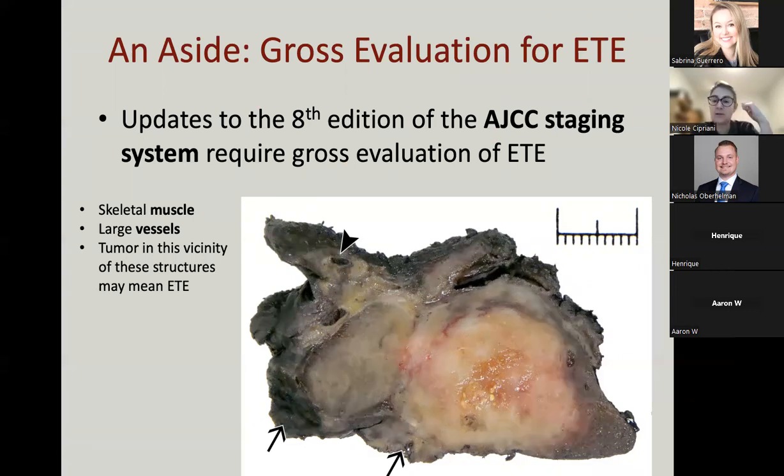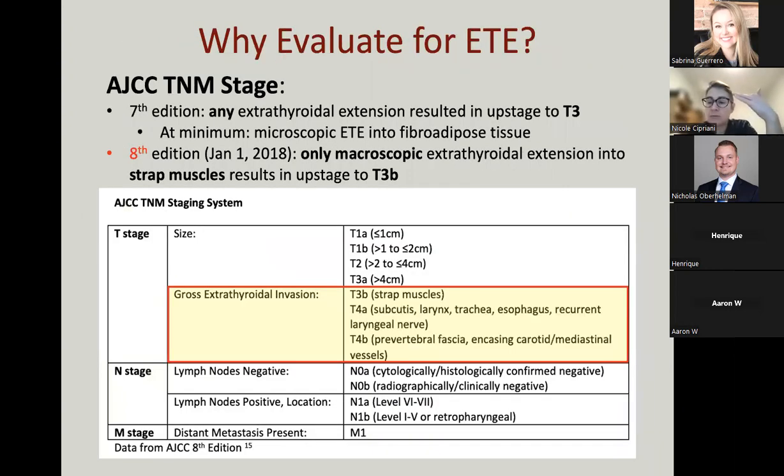It has to be present grossly, and it has to be present into skeletal muscles, strap muscle. So I ask my residents and our PAs to very clearly state whether they see invasion of the cancer into strap muscles, because this will qualify for upstage to T3b.